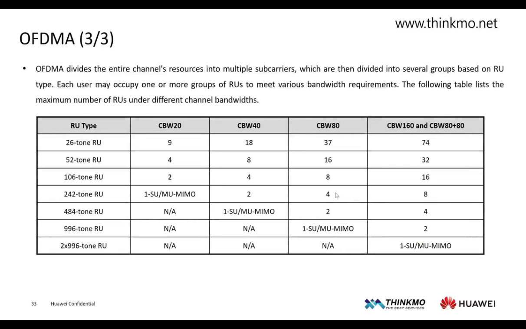Then let's take another look. In Wi-Fi 6, the classification of different RUs allows bandwidth to be divided according to RUs. For example, in a 20 MHz bandwidth, we can divide it into 9 RUs.